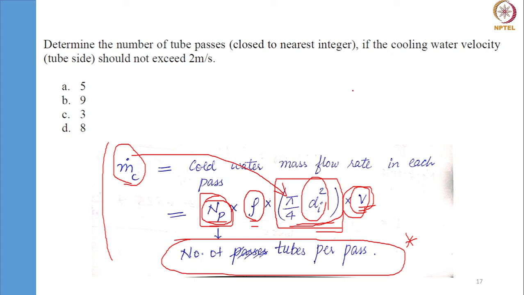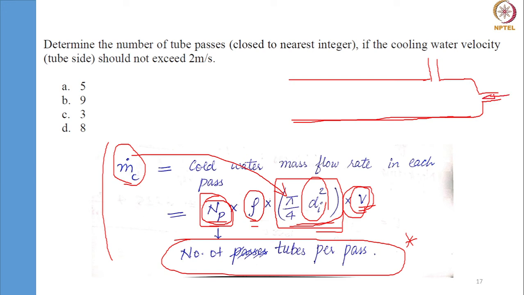You can have an arrangement like this. For example, if I take a shell and tube heat exchanger, I assume that my tube side entry is in this fashion.